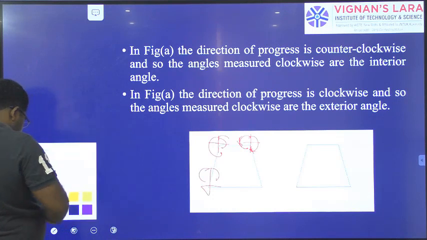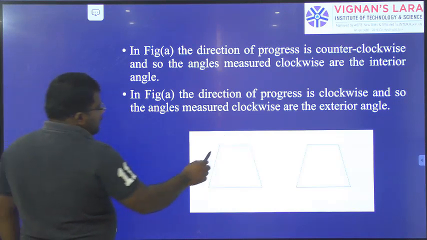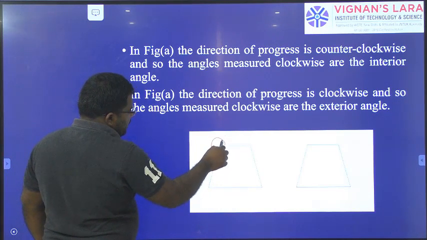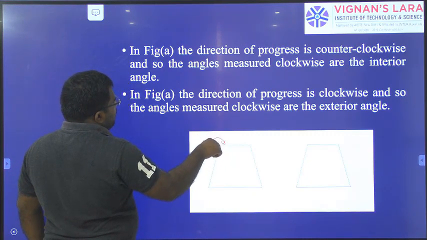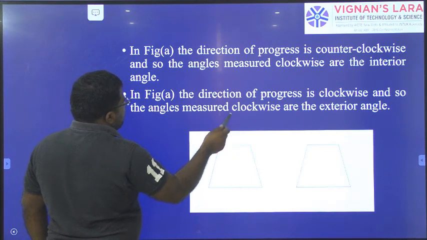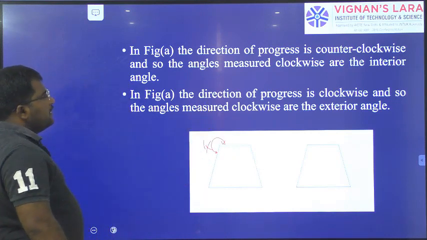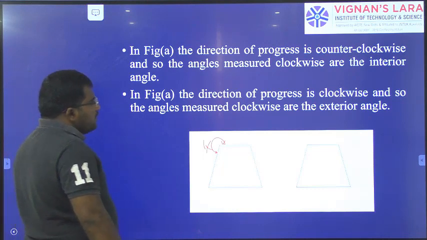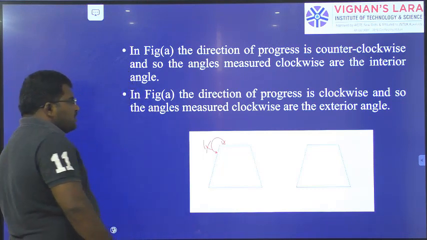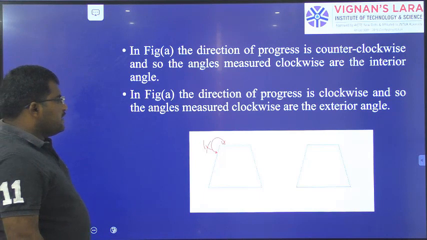Angles measured clockwise are interior, right? If we are moving in a clockwise direction, those angles are called the exterior angles, right?